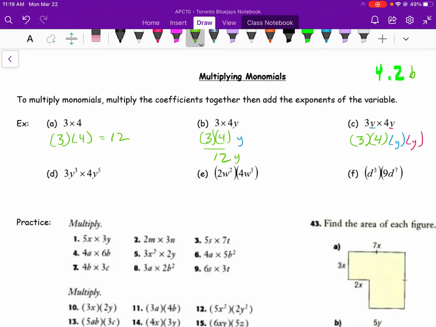So the first step is almost organization. So 3 times 4 is 12. Y times y, well, remember, y to the power of 1 times y to the power of 1. You add the exponents, so it's y squared. All right. See, organization really does pay off.